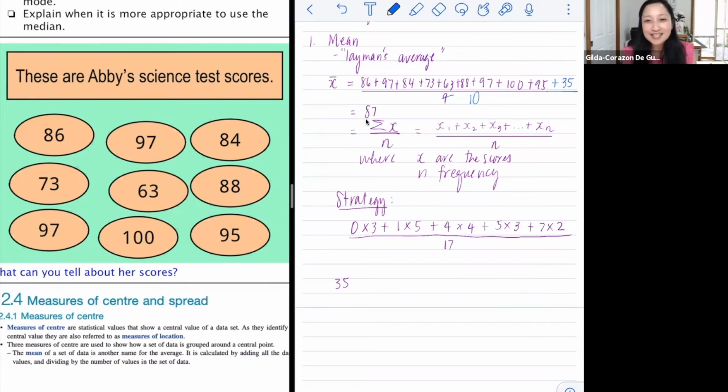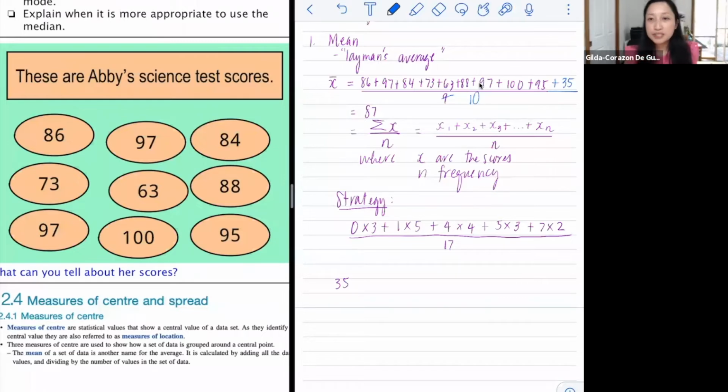Her mean is 87, right? If I add her score, which was 35, what does that do to her average? Would her average go bigger, or would her average go smaller? It makes the average smaller, right? Because the lowest score would pull down the center, right?